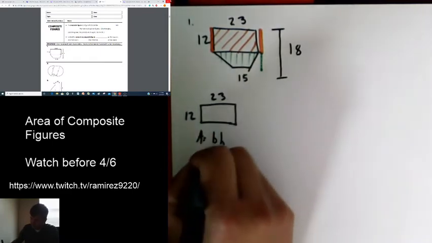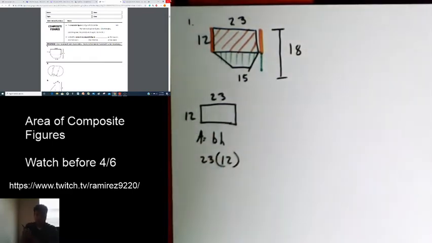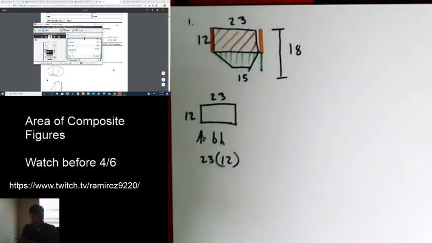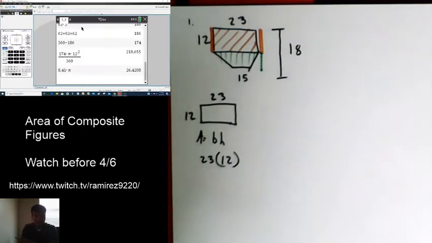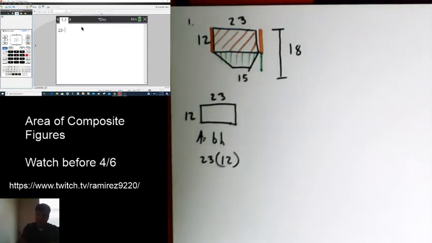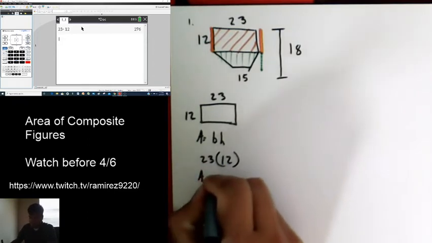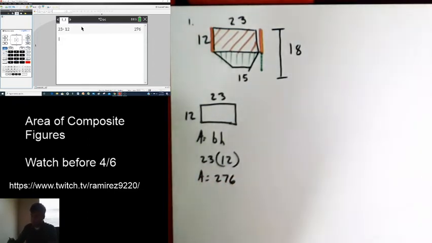So the area is 23 times 12, which is 276.